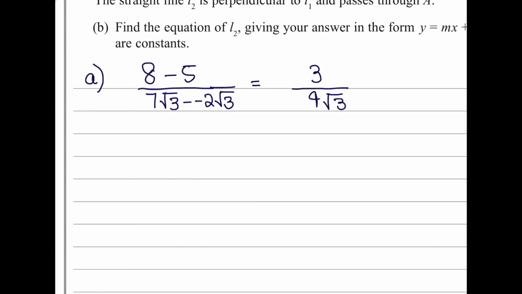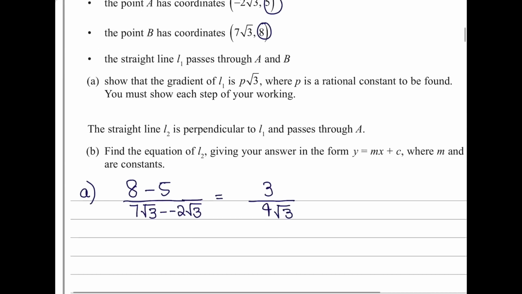Now obviously this is not in the correct format, as the question says p root 3 where p is a rational constant.